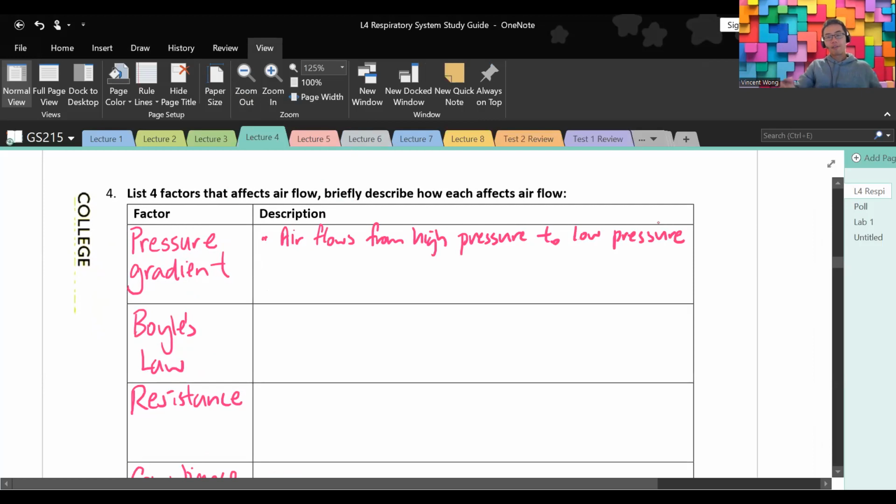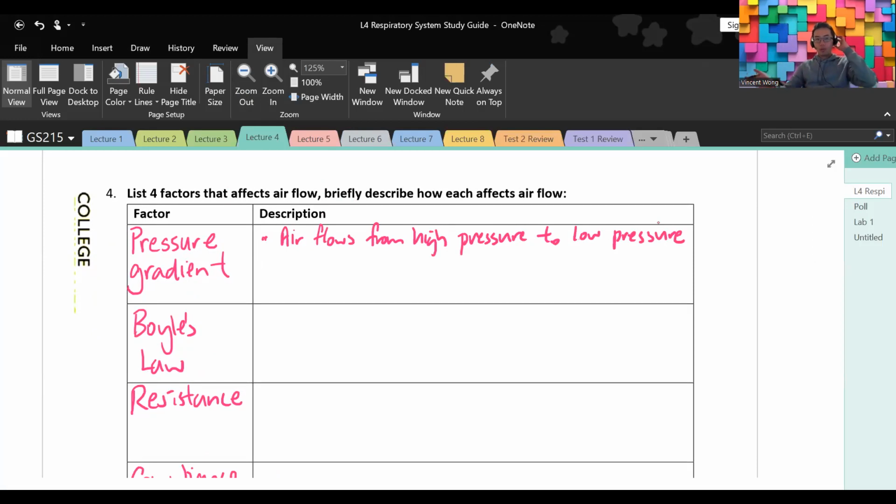So if you have 2 points that have different pressure, the air will go towards the side with lower pressure. That's how wind is generated outside. If you are by the sea, usually the winds blow towards the land. That's because land has lower pressure compared to the sea, and the wind comes in.